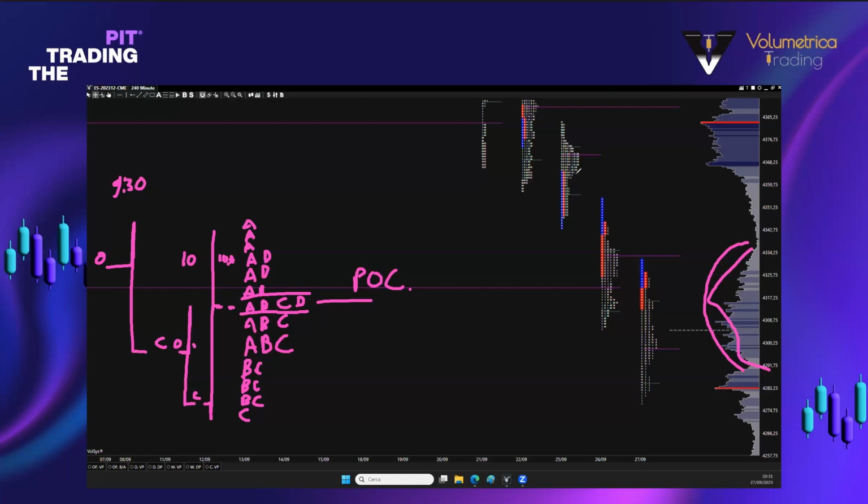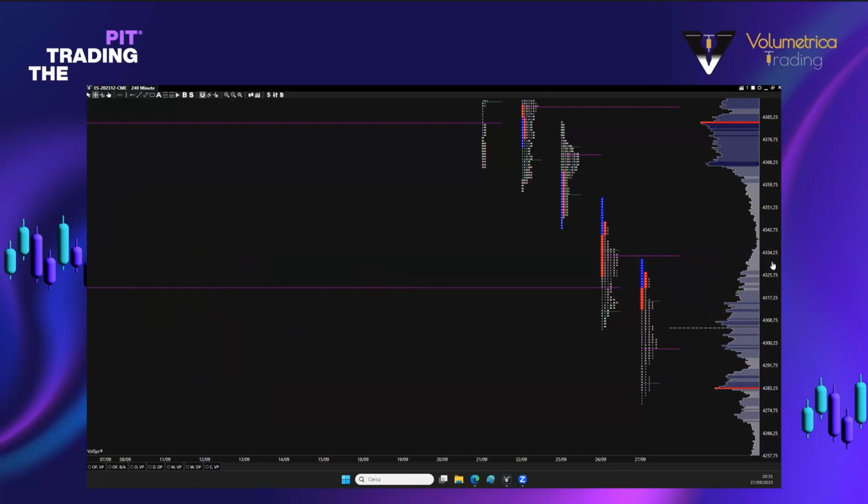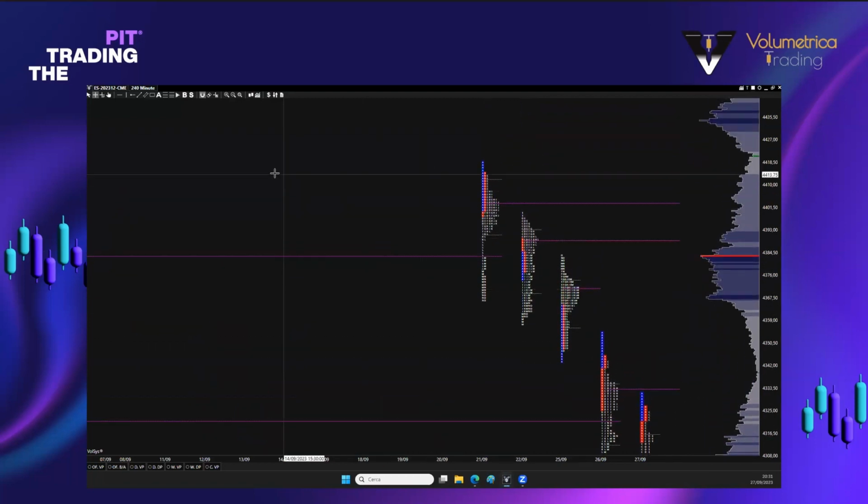In market profile everything is more objective, especially when it comes to low volume areas, also known as single prints, as well as highs and lows.